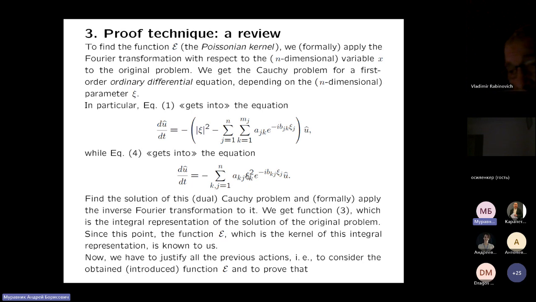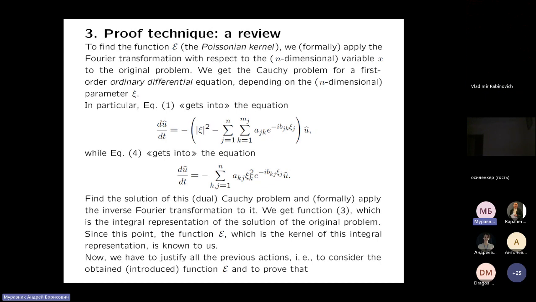Xi is just a complex parameter, a vector parameter of the problem. So we can easily solve the Cauchy problem for this equation. Once we do it, we formally apply the inverse transformation, and we get our function u.